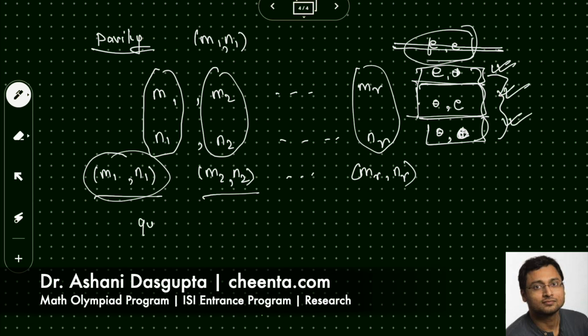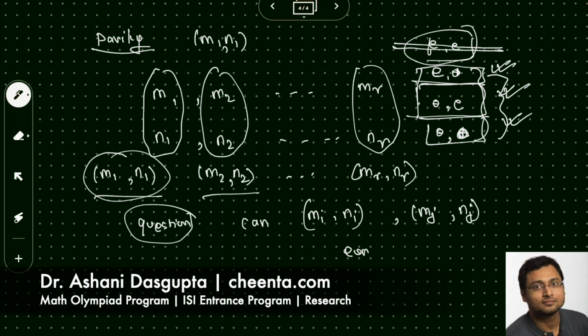Now the question is, can the pairs mi, ni and mj, nj be both even, odd? Can both of them be even, odd? Is that possible?